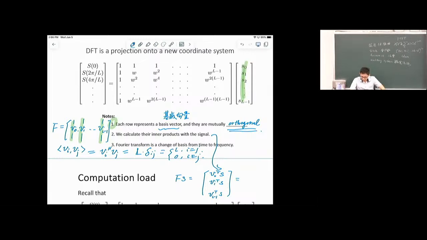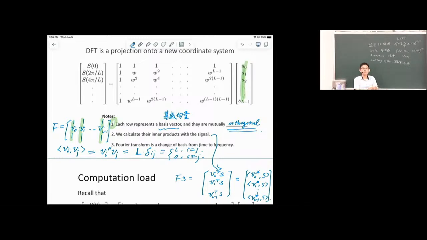Or to be more exact, we are calculating our basis vectors' conjugate, and we perform inner product of them with our signal. Okay, that's exactly what is going on right here. Last one, conjugate with S.